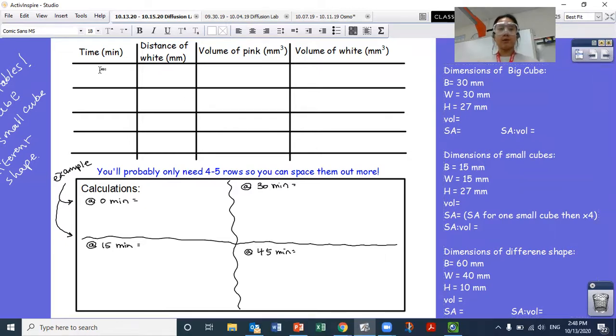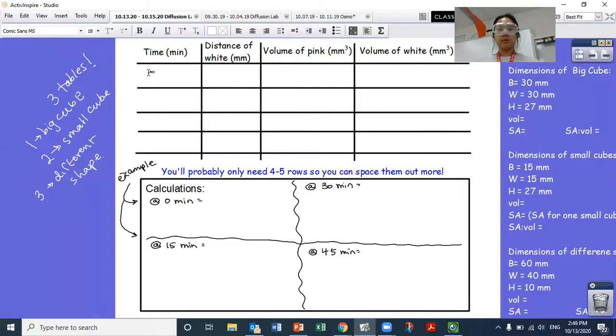And your first time point obviously is going to be, change the color so you can see it. Your first time point is going to be 0 minutes. And that's right now, before we put anything into our containers. So for 0 minutes, you're gonna have 3 tables. And so we're gonna calculate the distance of the white at 0 minutes, right?